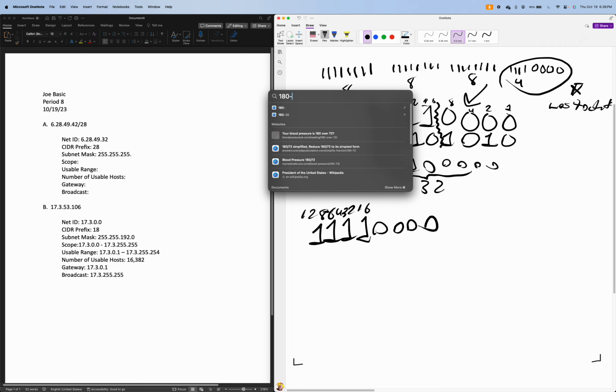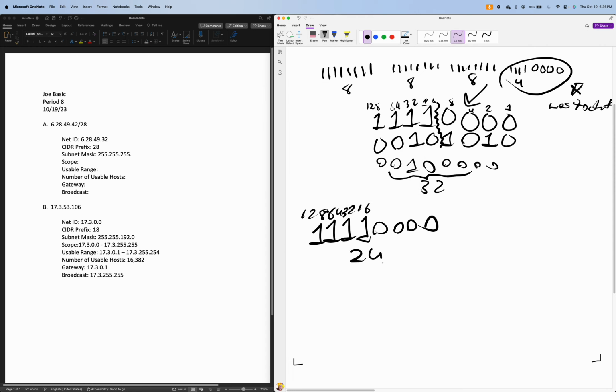So you do 128 plus 64 plus 32 plus 16, and that gives you 240. And that goes over there. 240. That's your subnet mask.